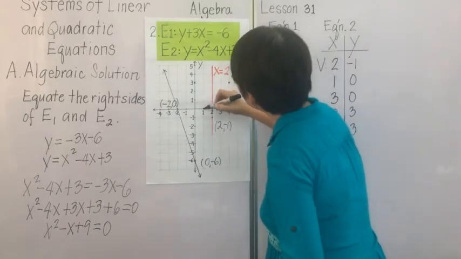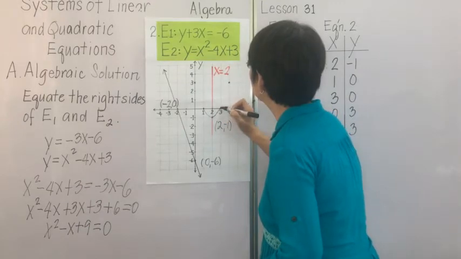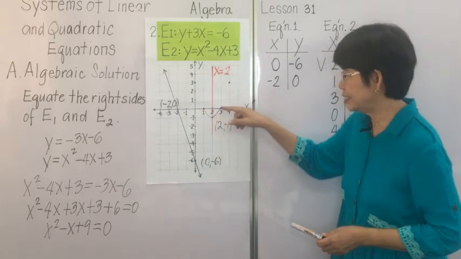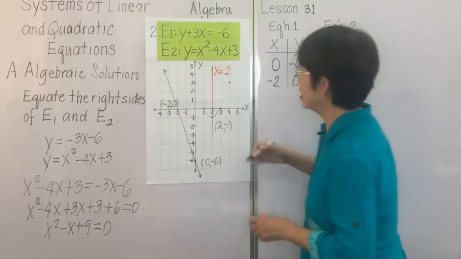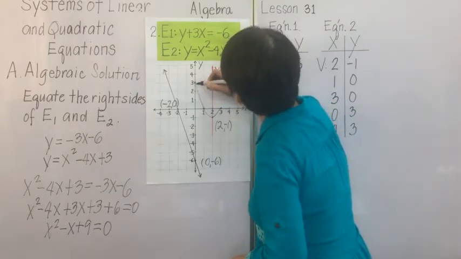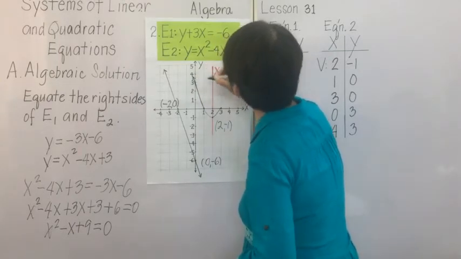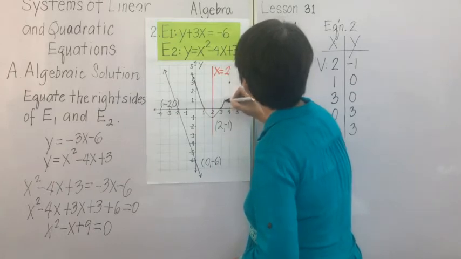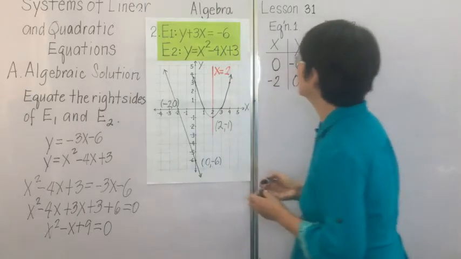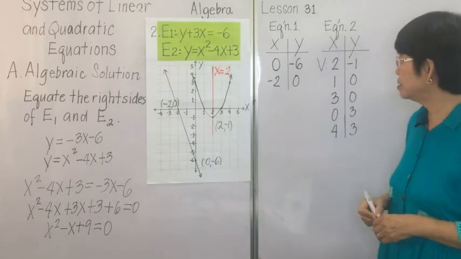So we can graph this. Be sure that there is a curve towards the vertex, and then connect the other points. And then you can name the points here.